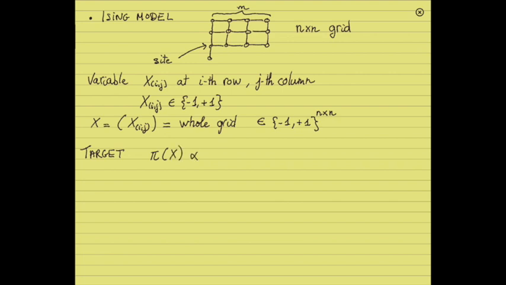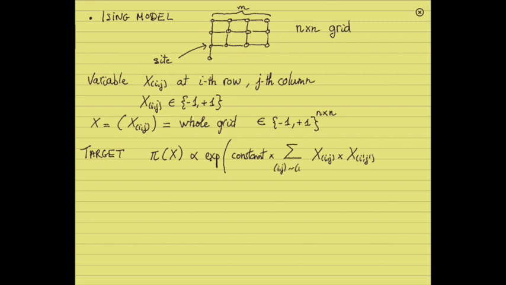And so the distribution that we'll be looking at here, which is the simplest in the class of Ising models, is proportional to the exponential of some constant. We'll think of a positive constant here, but it could be negative in principle also, times the sum over all sites ij and all neighbors of ij, of xij times the neighbor of xij.